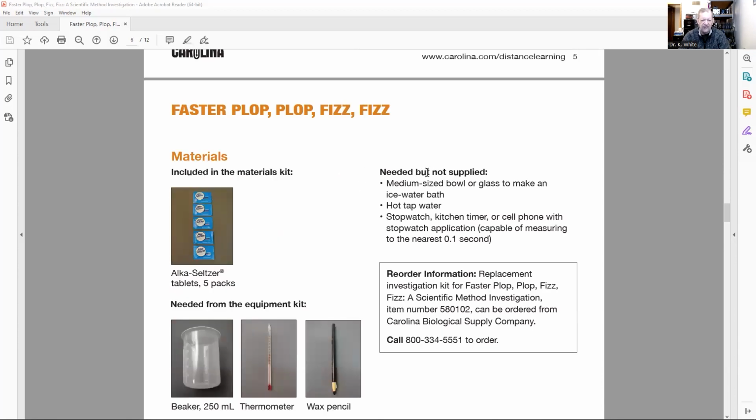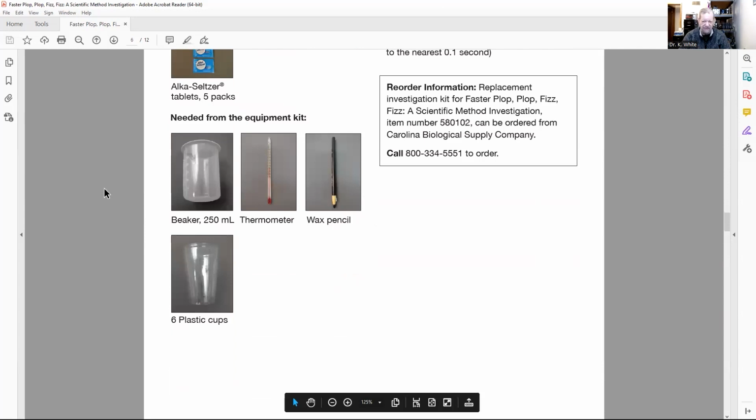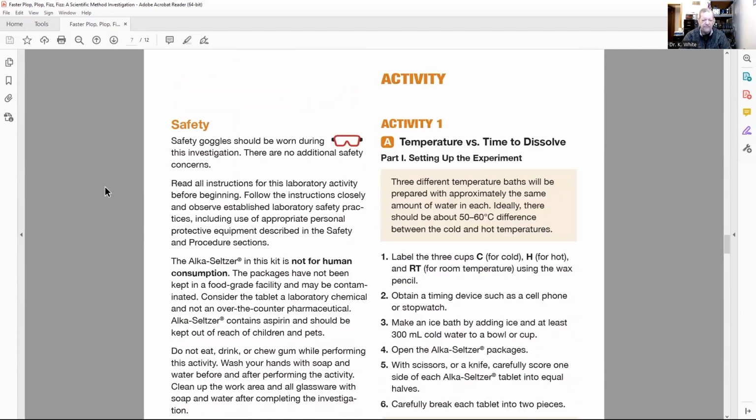Now, in today's lab, you'll need this material, which I've already shown you. And what you're trying to find out is what affects how long it takes for the Alka-Seltzer tablet to disappear.